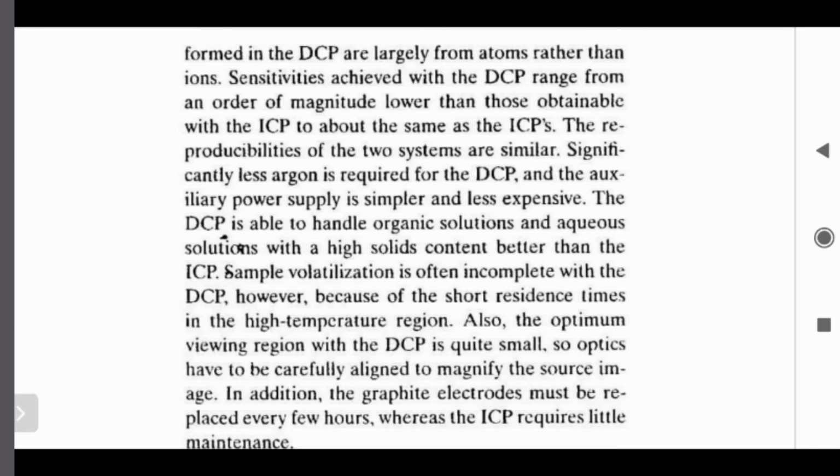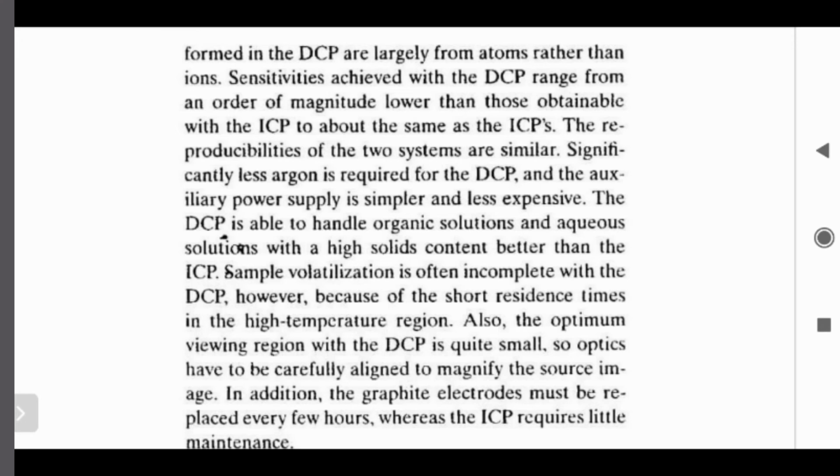The reproducibility of the two systems is quite similar. If we are asked to compare these two sources, ICP and DCP, we can say that DCP shows less sensitive results, the lines obtained are fewer, and the reproducibility of both systems is quite similar.